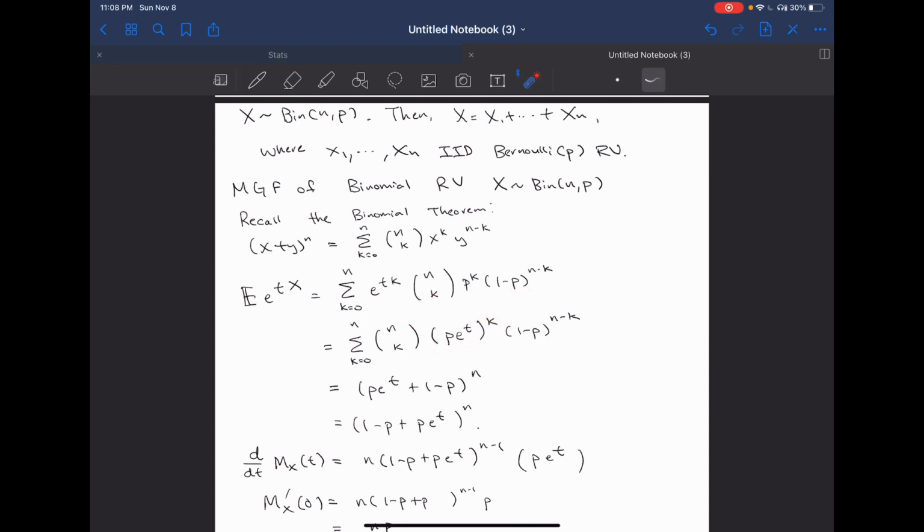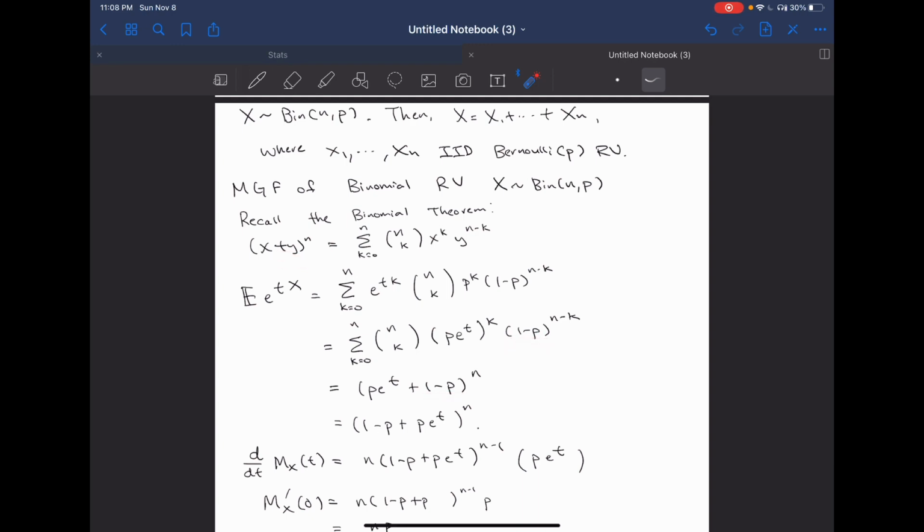Now we can actually apply the binomial theorem. So we have the n choose k, and our x here is going to be p times e to the t, and our y here is 1 minus p. So you can see all the k's and the n minus k's match up.